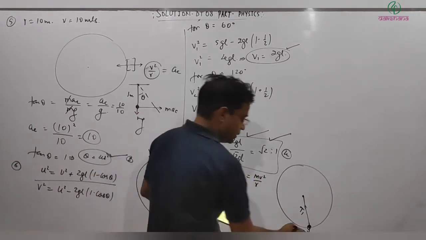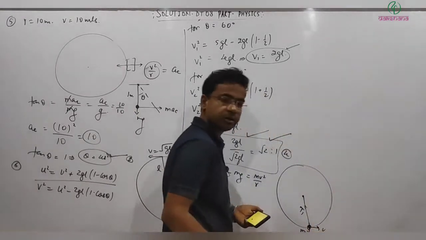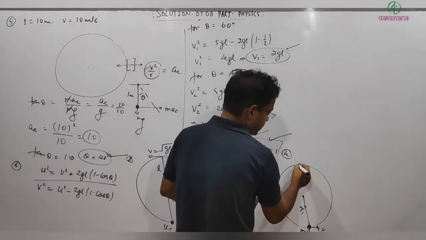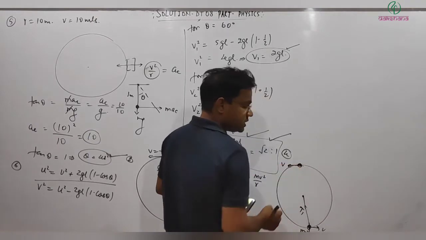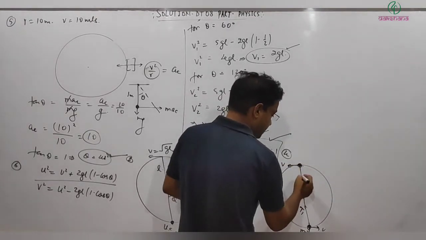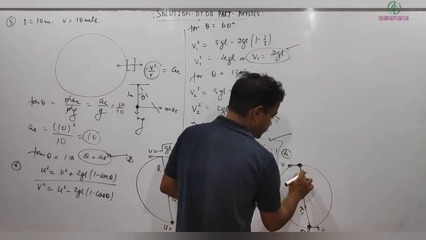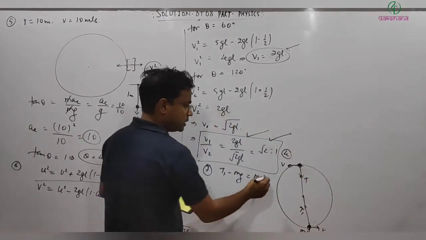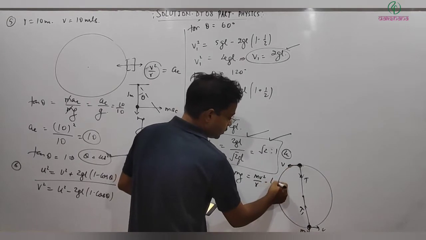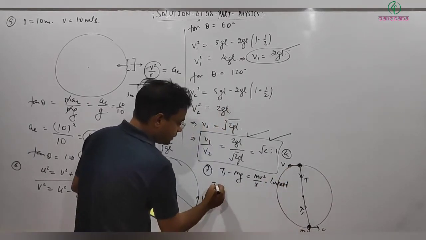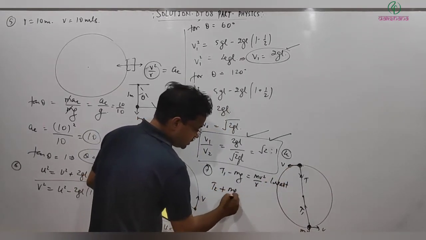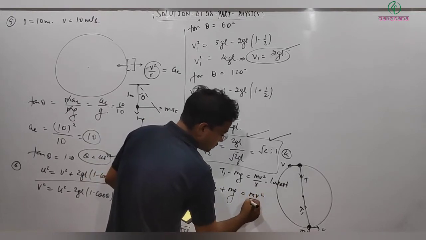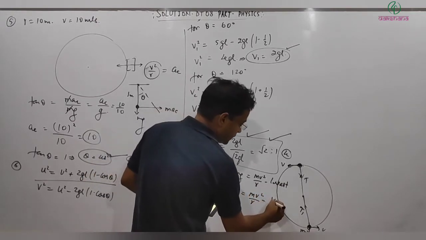Let's say v is the speed of the particle. When it is going at the highest point, its speed is also remaining the same, but in this situation tension will be downward, and T and mg will both be acting downward. So this was at the lowest point, and at the highest point T2 plus mg must be providing mv square by r.